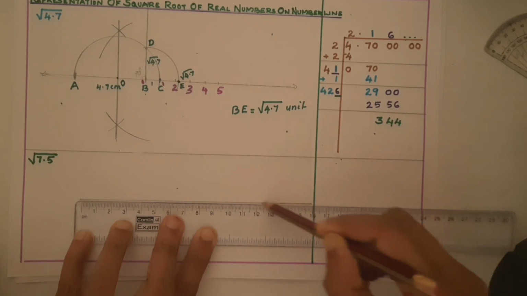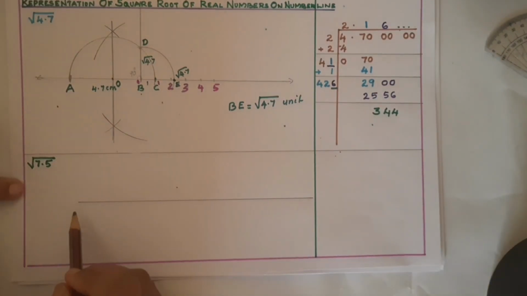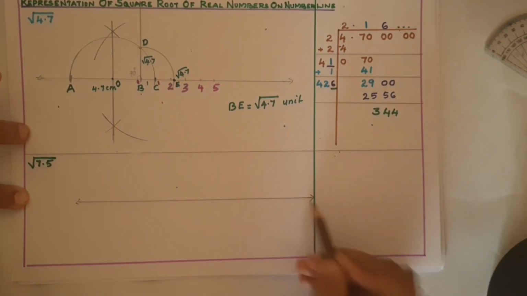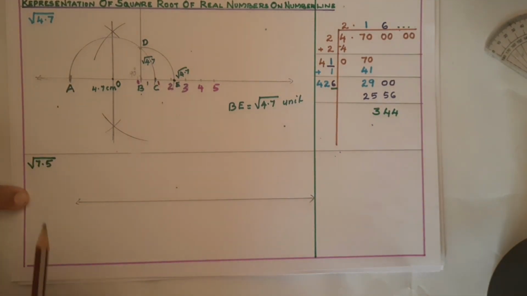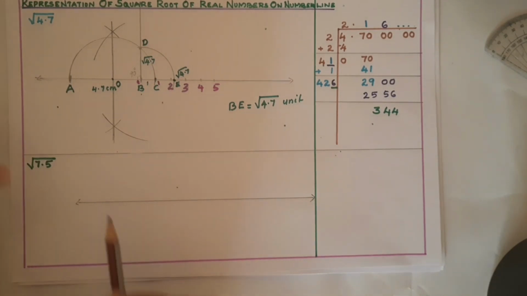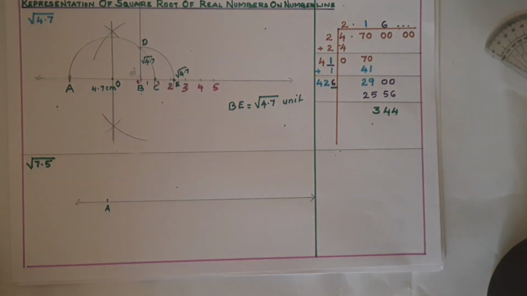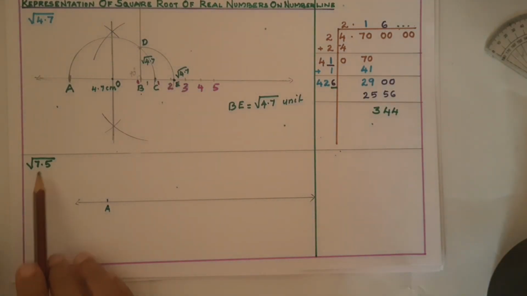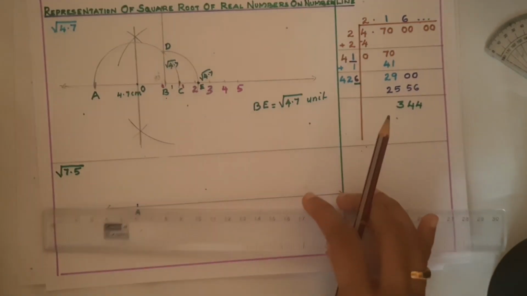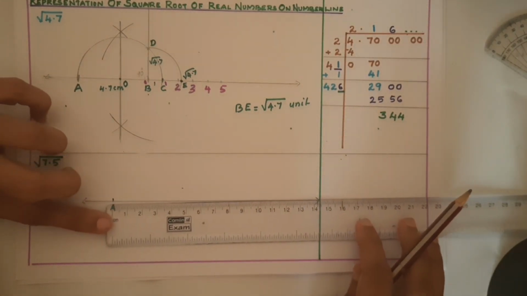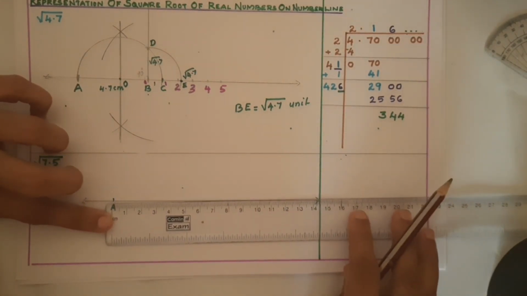Then we have to mark a point here. I am marking one point A. Then what we have to do? We have to take the given number 7.5 on the line. Take exactly 7.5.